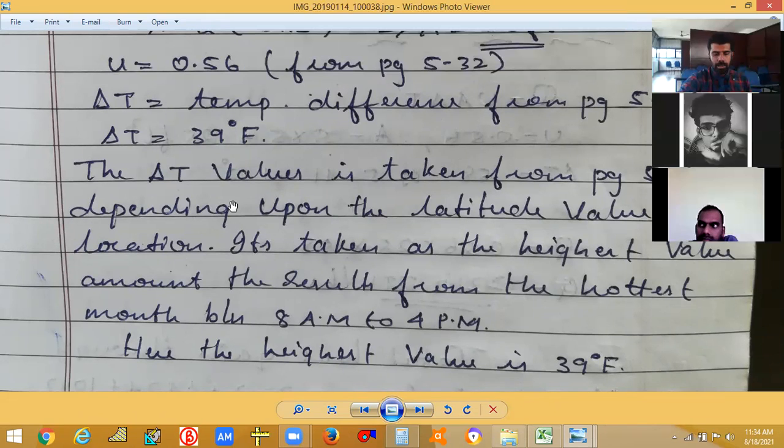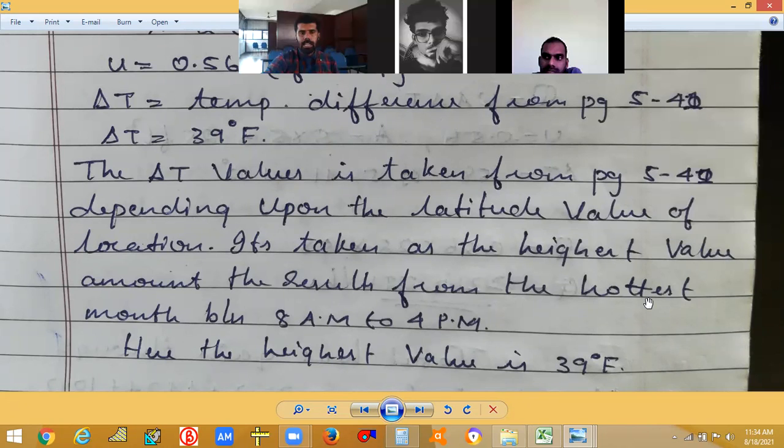So we can take it as approximately 10 degree. Okay. So delta T value is taken from page number 5.41 depending upon the latitude value of the location. It is taken as the highest value among the result from the hottest month between 8 AM to 4 PM. So here the highest value is 39 degree Fahrenheit. So we can see how they have taken.